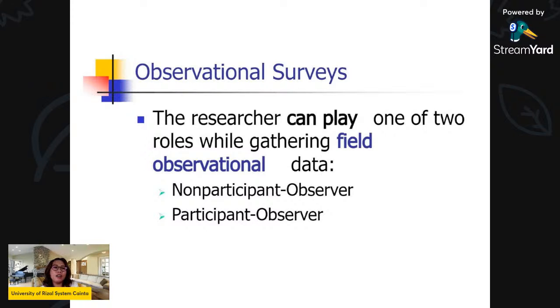So, just look around in your environment or there will be one of the members of the group na merong activity mangyayari within today. Kung wala naman, pwede kayong pumunta sa isang particular place na mag-identify ng observational survey.